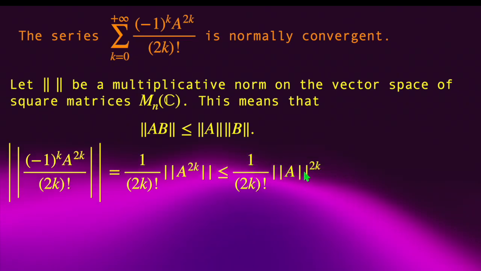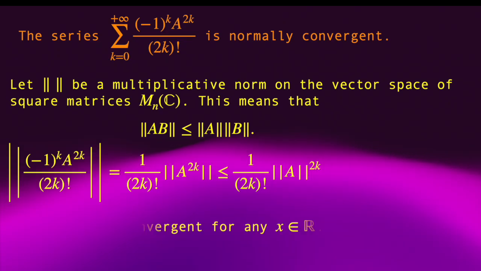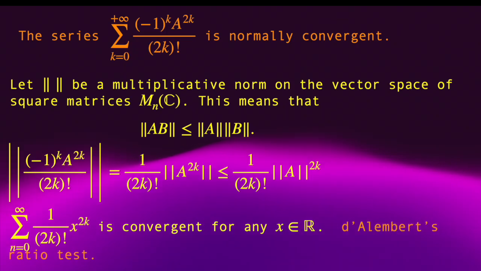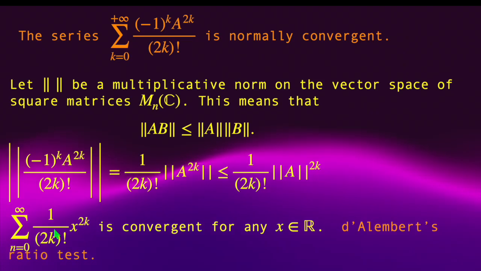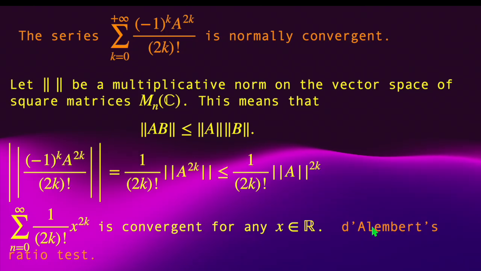So to show the normal convergence, we need to show that this infinite series is actually convergent. And it is something easy to establish. This infinite series is convergent for any x in R by using D'Alembert's ratio test.